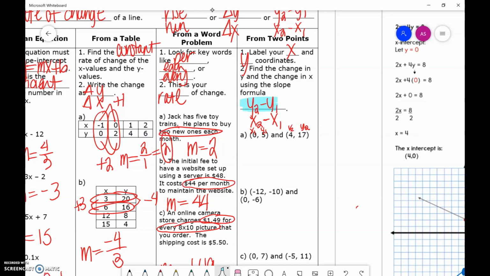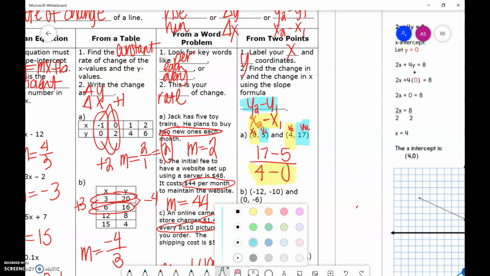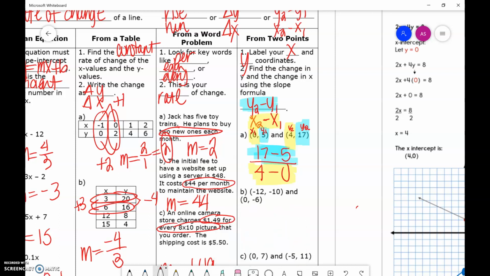All I'm going to do is put these 2 y-values in my numerator, and these 2 x-values go in my denominator. So when I write it out, I'm going to have my y2, which is 17, minus my y1, which is 5. Then I have x2, which is 4, and then x1, which is 0. All I did was plug in these numbers in my formula.